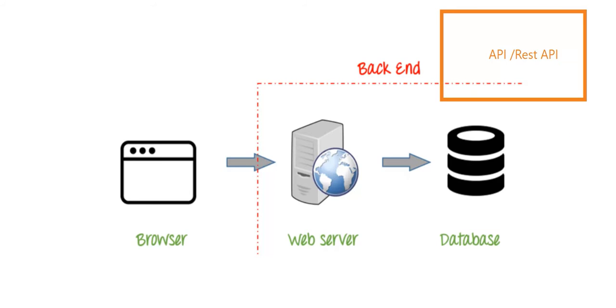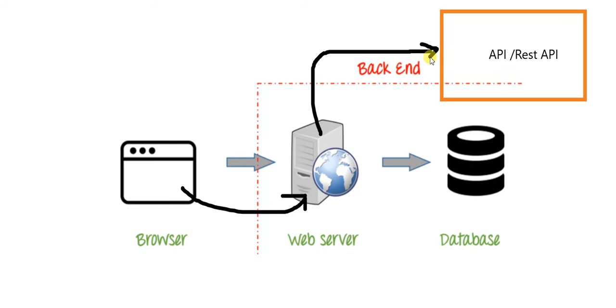So they just created a window, and the use of that window is, if you want to get any data and you make a request to the database, your request will go to the web server as previously, but from the web server it won't go to the database, rather it will go to the API. And what will the API do? API can work in two ways, but we are talking about the live API working.